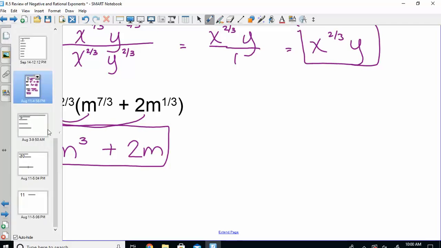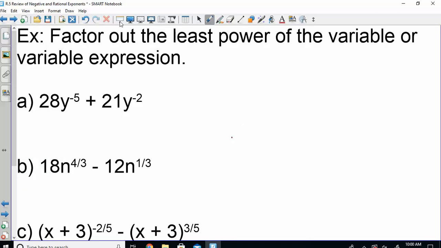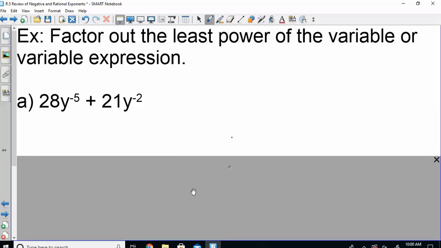We have also done a lot of factoring in here, so let's try factoring with some of these. So if I asked you to factor this, we know from experience that the first step to factoring is to look for a greatest common factor.